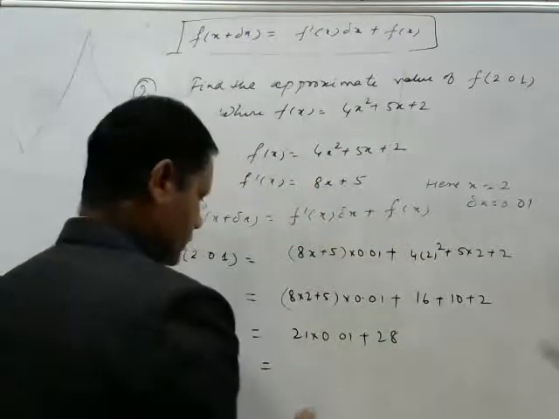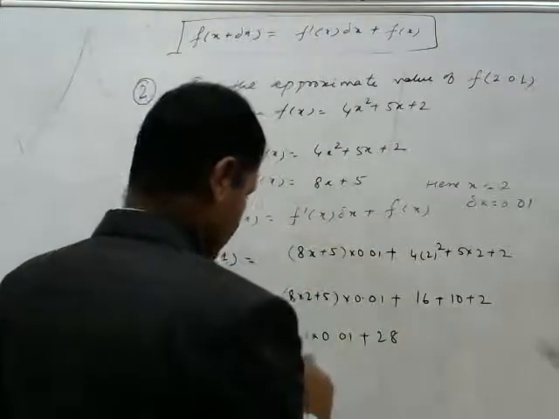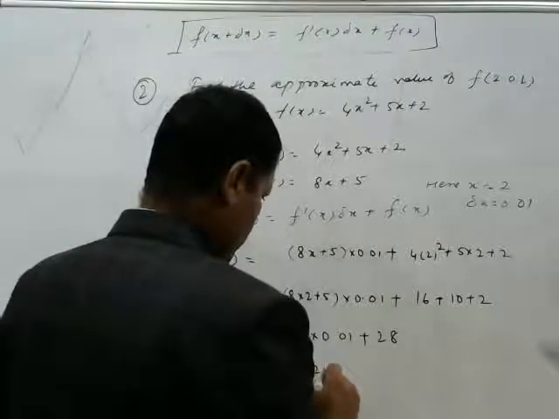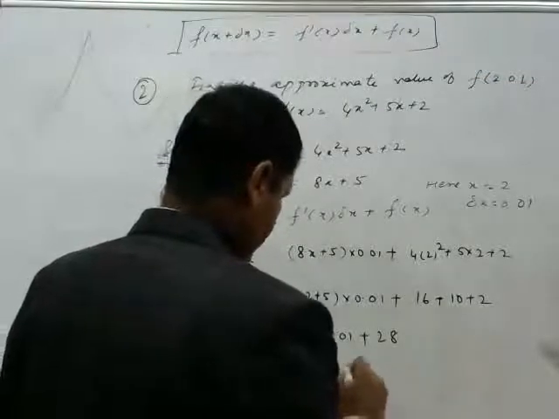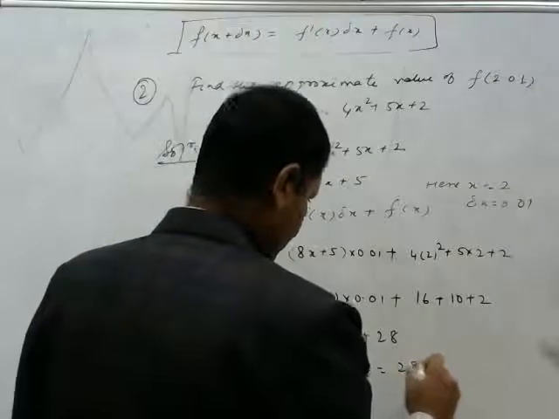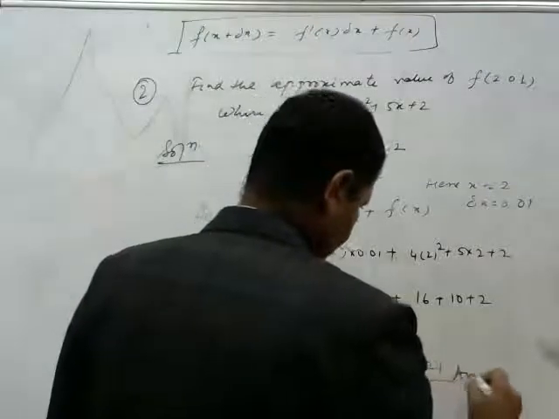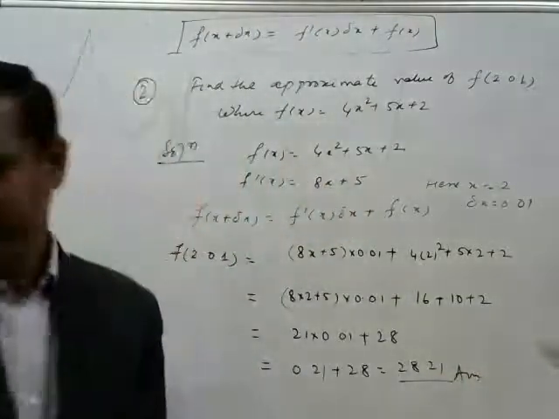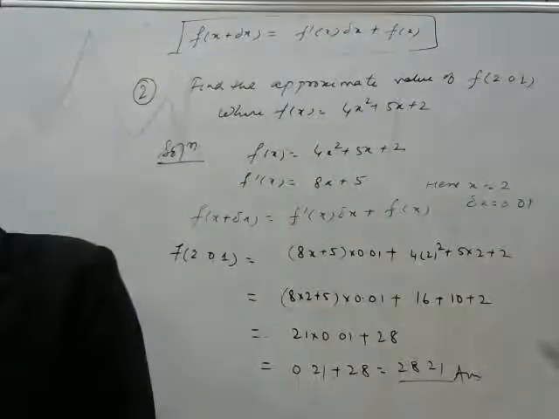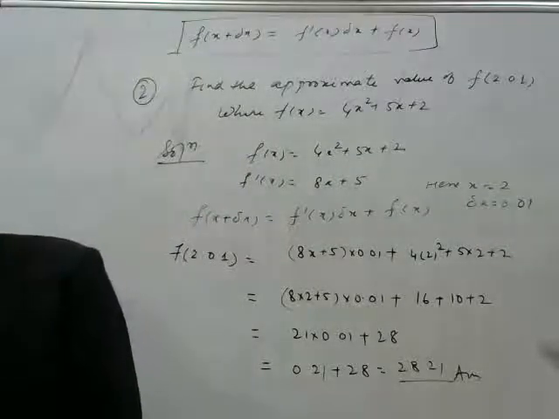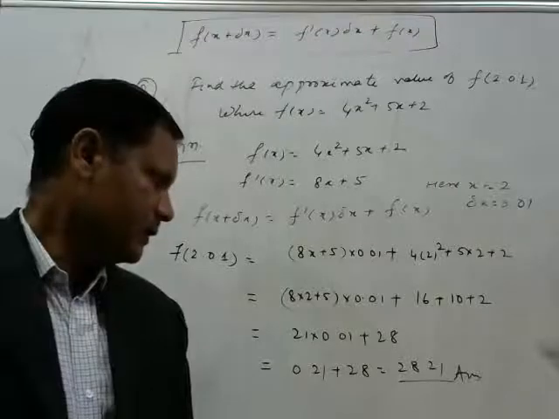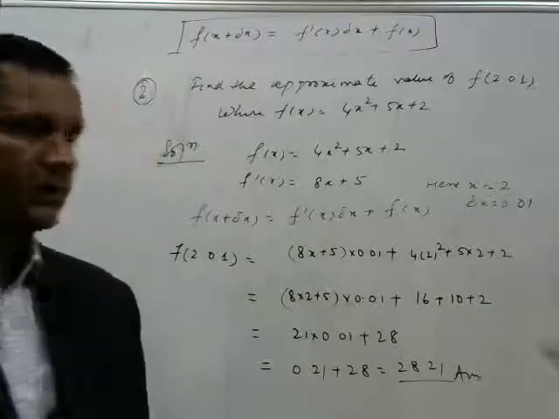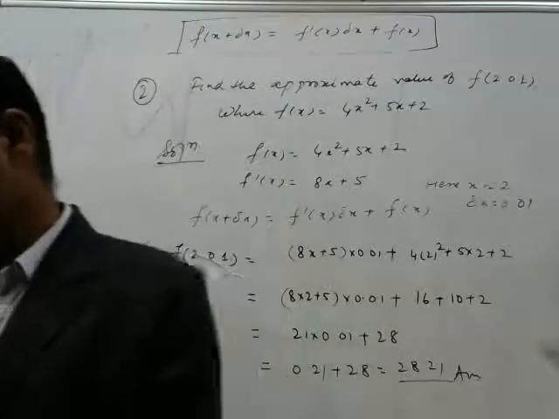So now this will give you 0.21 plus 28, and that is equal to 28.21. 28.21 is the answer of this question. This was question number 2.